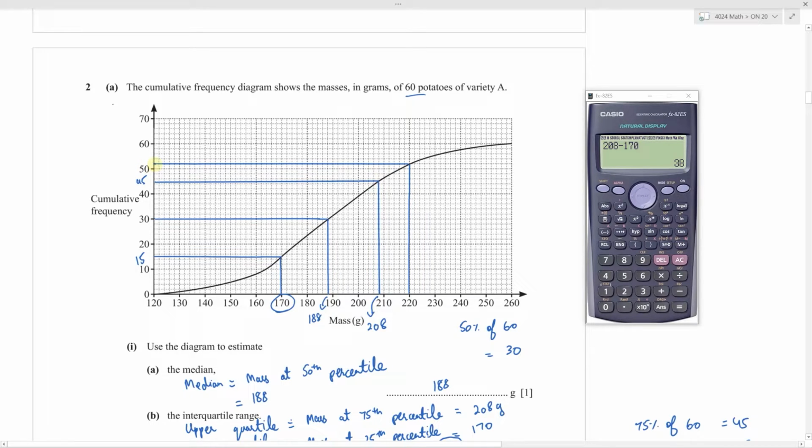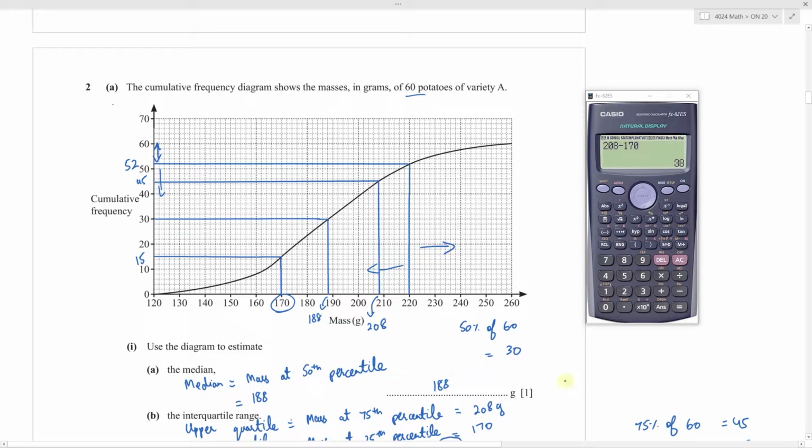So this is one block above 50. So this is 52. That means 52 potatoes have a mass of 220 grams or less. So the remaining, how many? 60 minus 52, the remaining 8 have a mass that is greater than 220 grams.